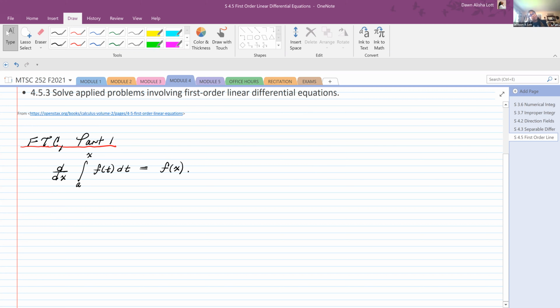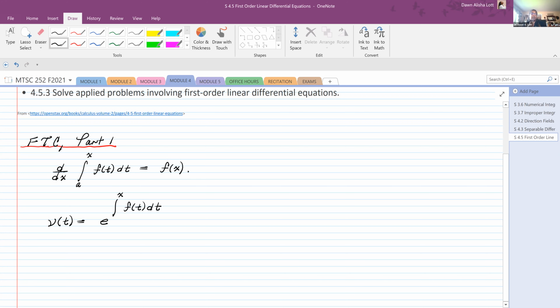Okay, so now let's suppose I have, for a minute, something that looks like this. I'm going to call it nu, and nu is a function of x. Let's say nu equals e to the integral of f of t dt.